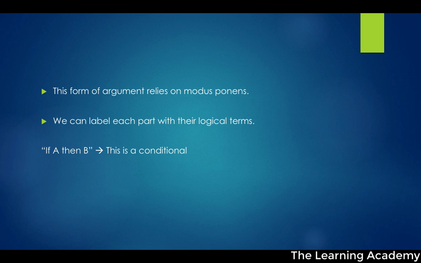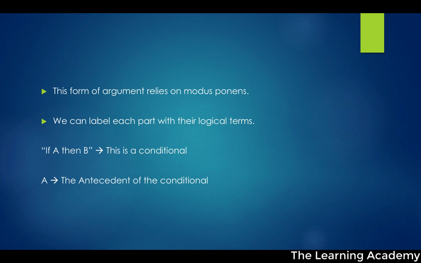Okay, so the truth value of B is reliant on whether or not A is true. So if A is true, then B has to be true. A good way of looking at an invalid conditional, something that is impossible for a conditional to be the case, is if A is true and B is false. If we have a situation where A is true and B is false, then that is breaking the rule of a conditional.